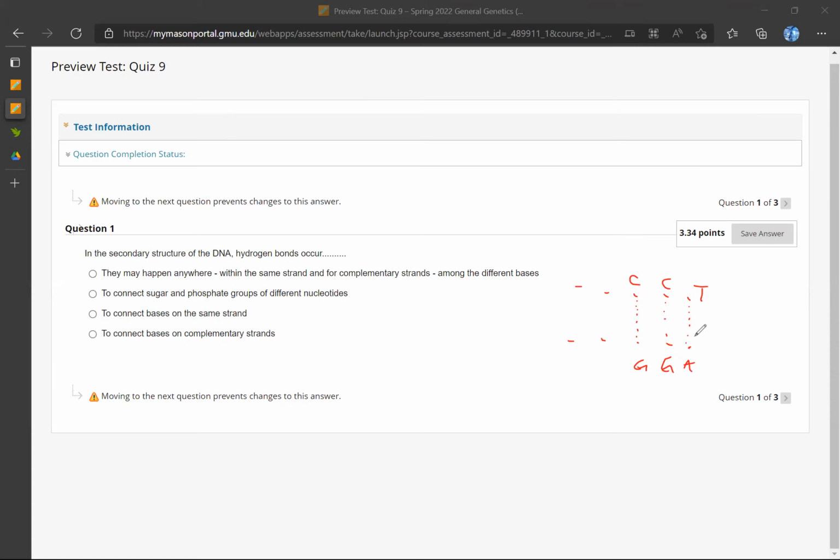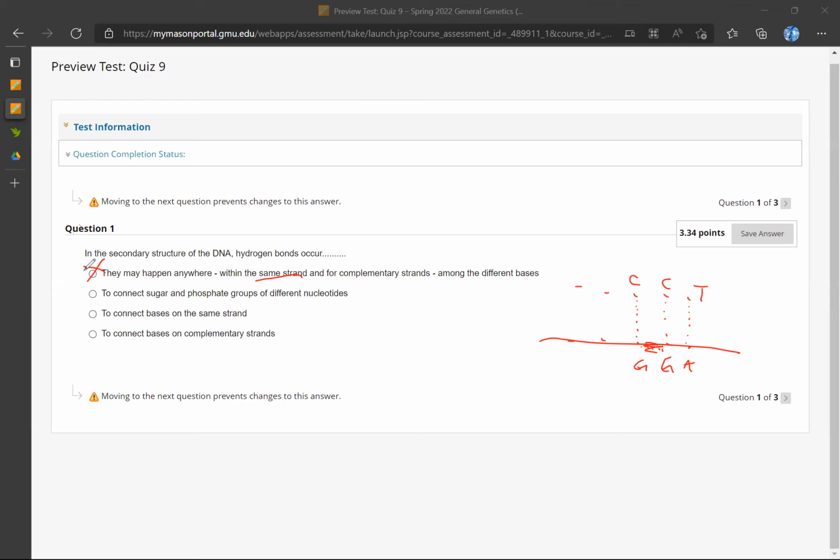I can draw out the 3D structure of the purines and pyrimidines if you want, but this doesn't happen anywhere. We don't have this G hydrogen bonding to this G. That doesn't happen. So it does not happen within the same strand because this is a single strand. G does not hydrogen bond to G. So we know that this cannot be correct.